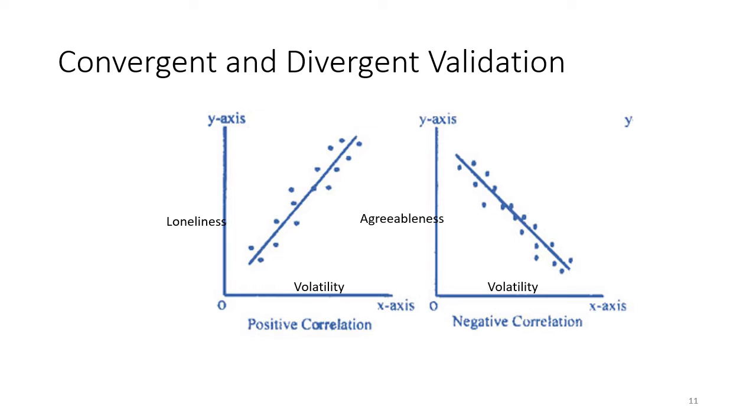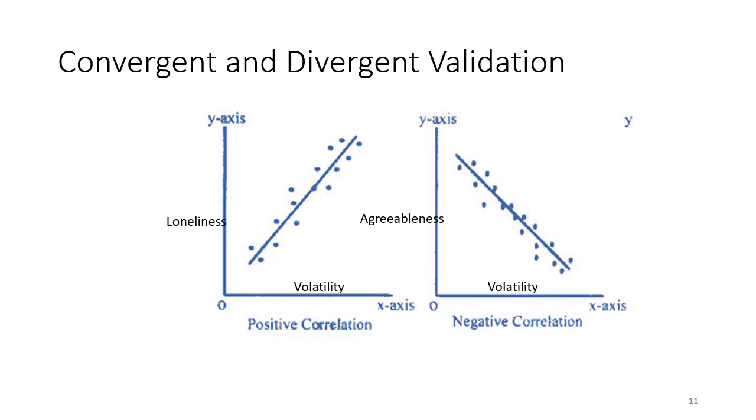All right, for our convergent validation, we would expect that volatility, our new measure, correlates positively with loneliness, so that one individual, say this individual, produces a score that's high in volatility and high in loneliness. And so this person who's low in volatility, also low in loneliness. So we would expect a positive correlation.